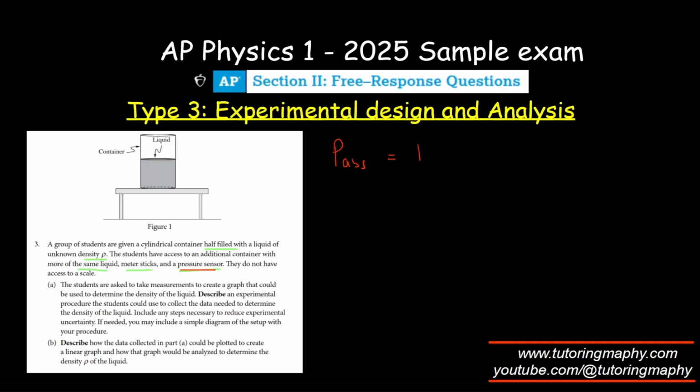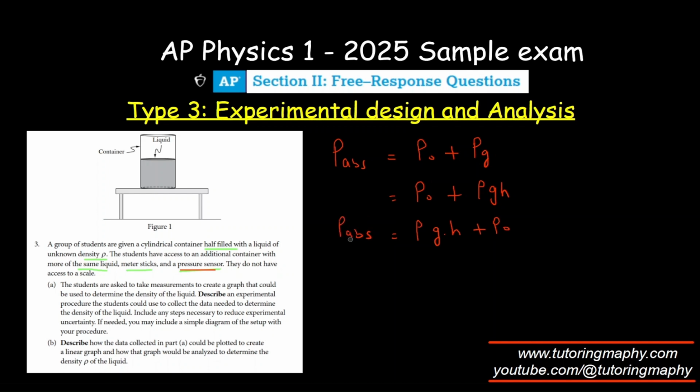Absolute pressure is the atmospheric pressure plus the gauge pressure, P_G. Atmospheric pressure is a constant value, 10 raised to 5 pascals. P_G is given by rho g h, right? Now, this is what I need to find. Let me write rho first. That is the unknown. g is a constant and h can be measured.